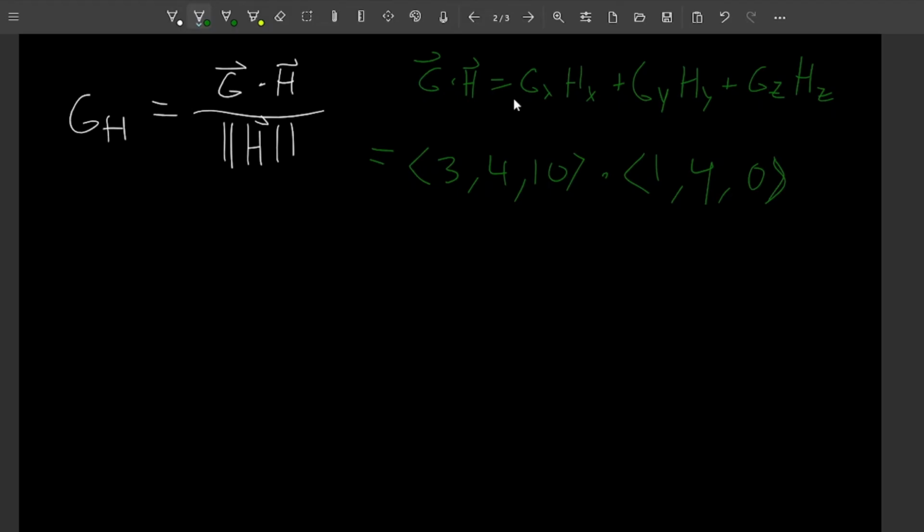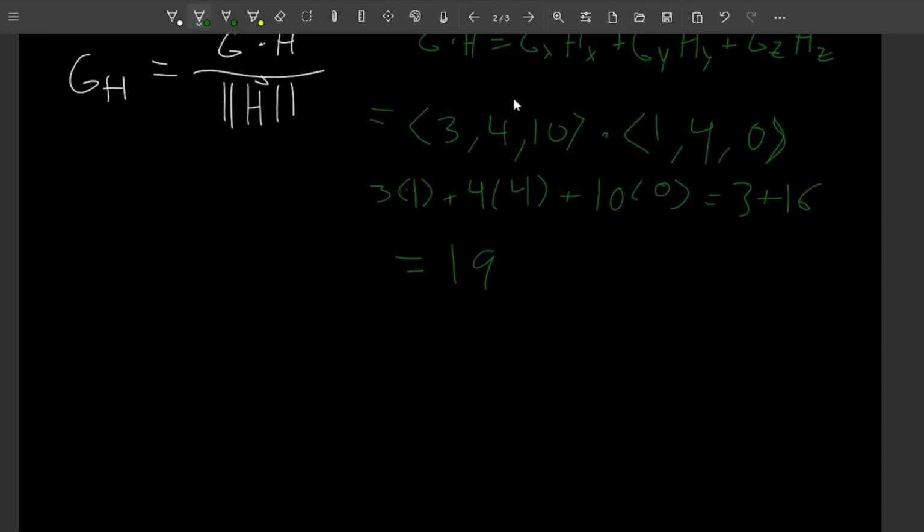So now, taking the dot product of this, we get 3 times 1 plus 4 times 4 plus 10 times 0, which is going to be equal to 3 plus 16, which is equal to 19.